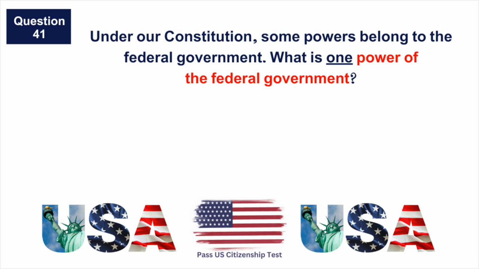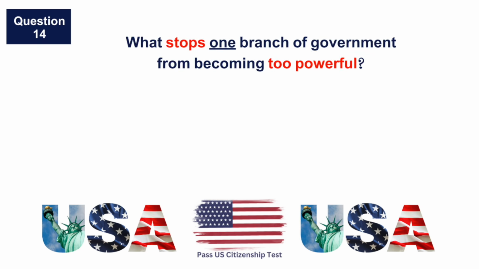Under our Constitution, some powers belong to the federal government. What is one power of the federal government? To print money. What stops one branch of government from becoming too powerful?